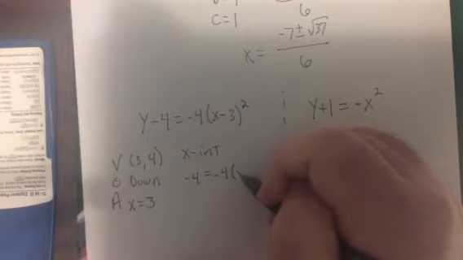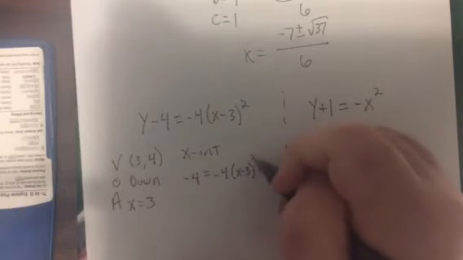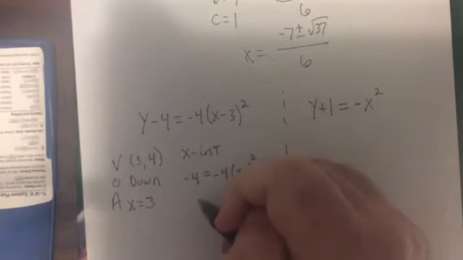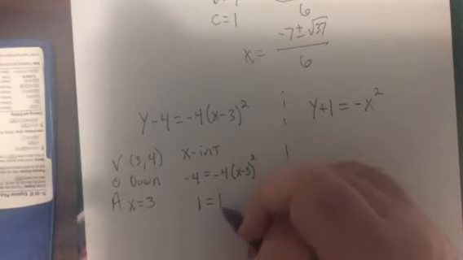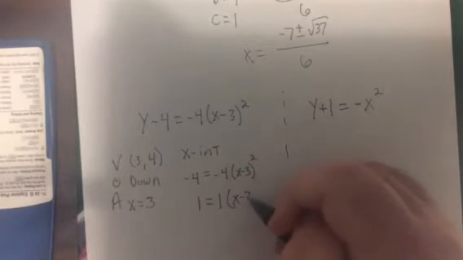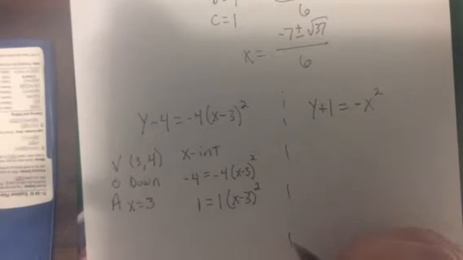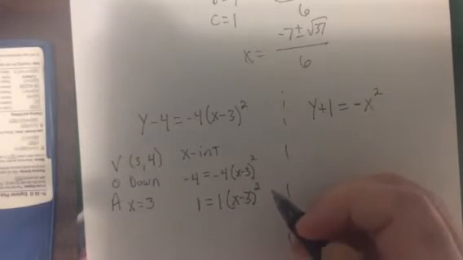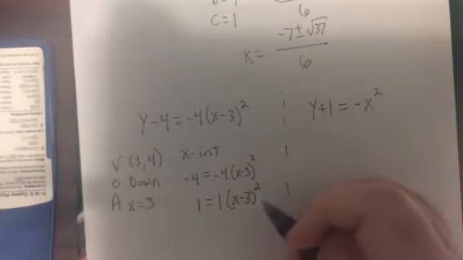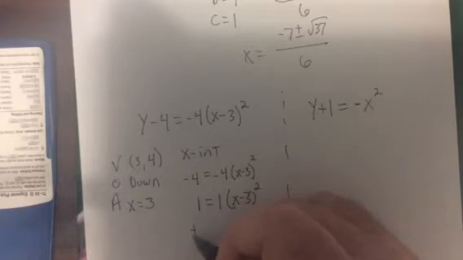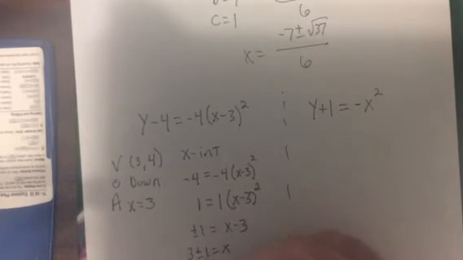But we can get the square by itself, so you divide by negative 4. And then square roots, you'd have plus or minus 1 equals x minus 3. So 3 plus or minus 1 is x. So it would be 3 plus 1 is 4, or 3 minus 1 is 2.